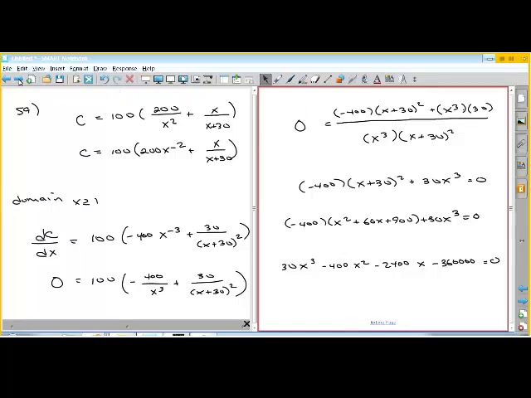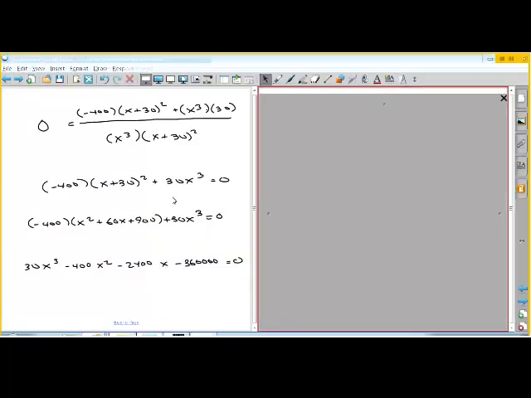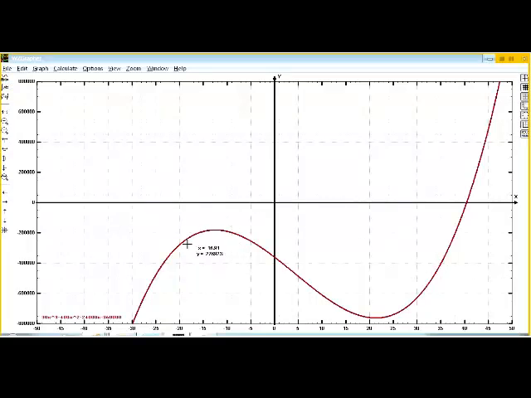So what I did instead was I used my graphing utility, and I'm going to share that with you. So let me go off of here. So I just plotted the function. And I have to use zoom out. So this is a plot of the first derivative, and so what we're looking for is when is the first derivative equal to 0.